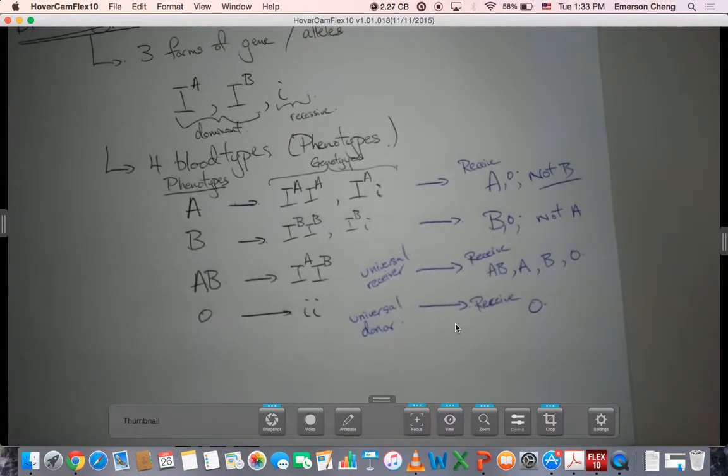Questions? Now, blood types and where they are located around the world is rather interesting. You can look up where different regions of the world have which predominant blood type. There are actually more blood types than just these four, but for the syllabus's sake, I'm only talking about these four.